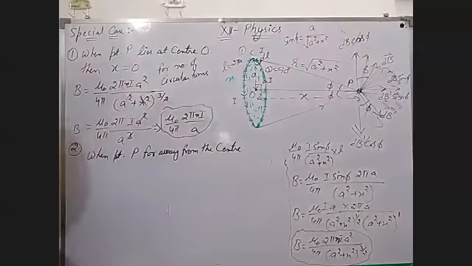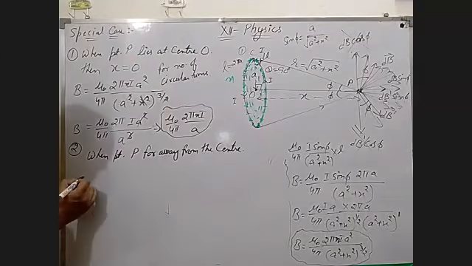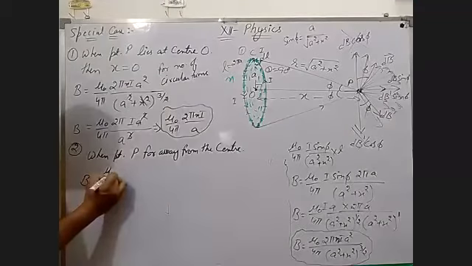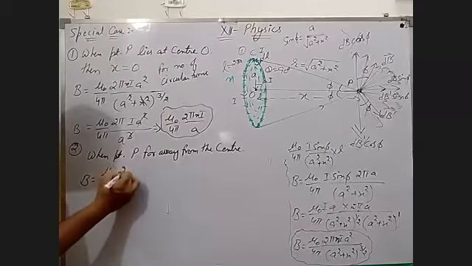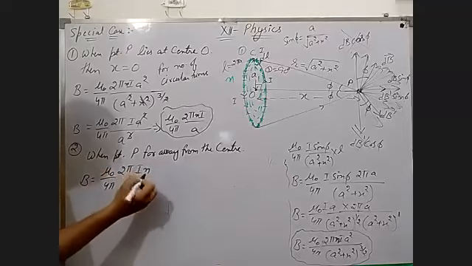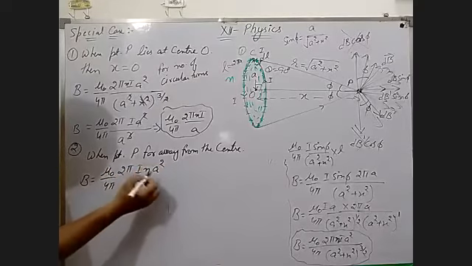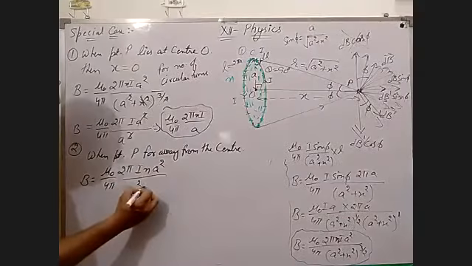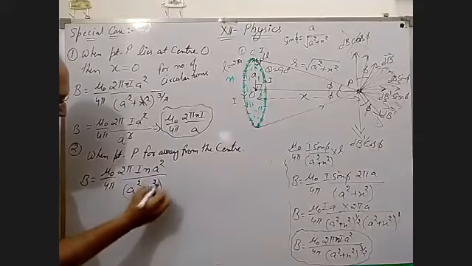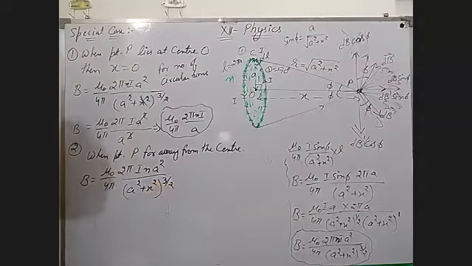Now what will be the effect on its formula? We know that B is equal to mu naught upon 4 pi, 2 pi I n a square, n is also there, upon a square plus x square whole power 3 by 2.